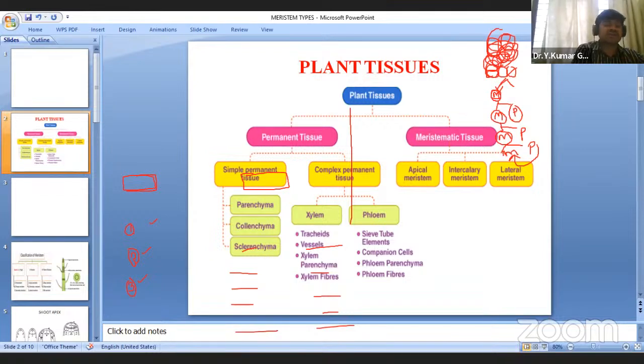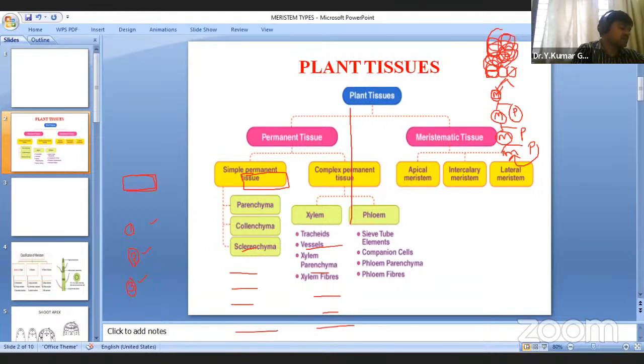They are without intercellular spaces. They are active, always dividing and redividing, and abundant mitochondria are present inside the meristematic cells when compared with permanent tissue. These are the characters of meristematic tissue.